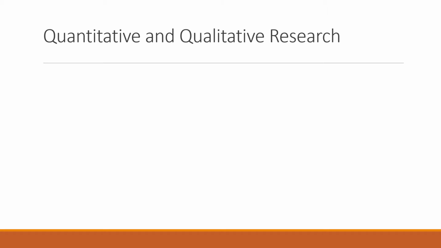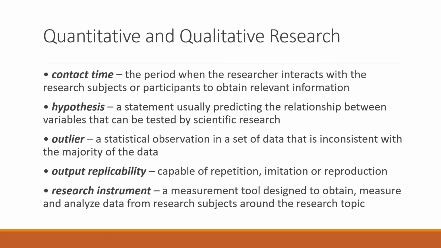For you to easily understand the similarities and differences between the two research methods, here is a short definition of terms that you have to be familiar with. First, contact time. It is the period when the researcher interacts with the research subjects or participants to obtain relevant information.